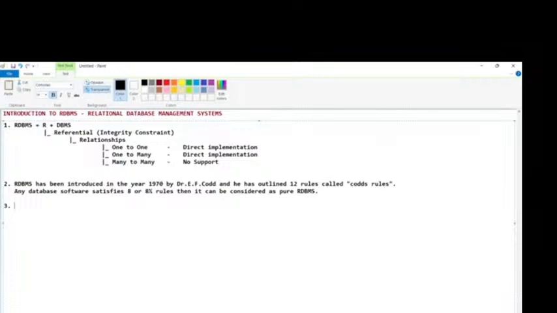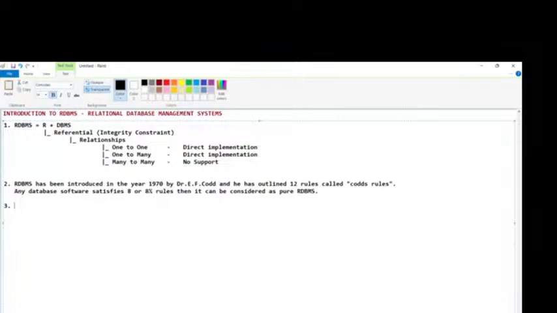Now remember what I said at the beginning of today's session. Even in this introduction to RDBMS, there are a lot of things that we don't discuss today. We leave them for coming classes as special topics to be discussed through practicals.